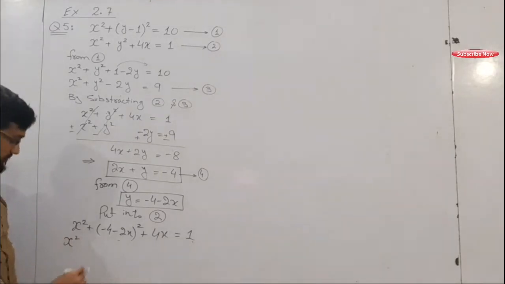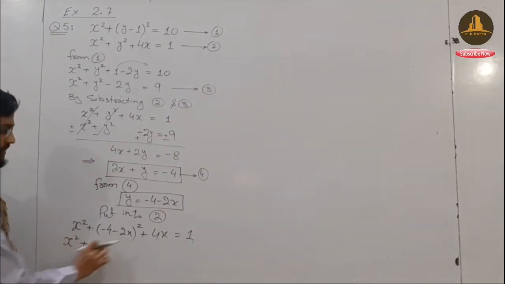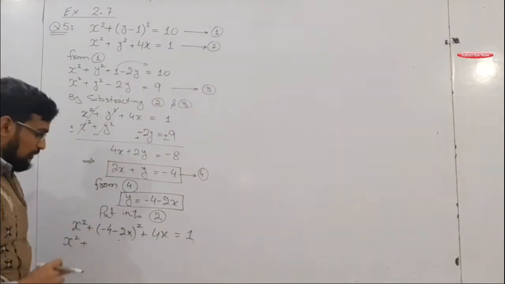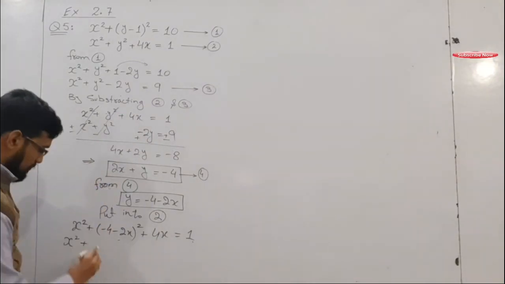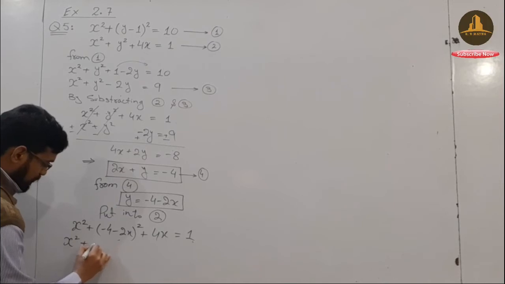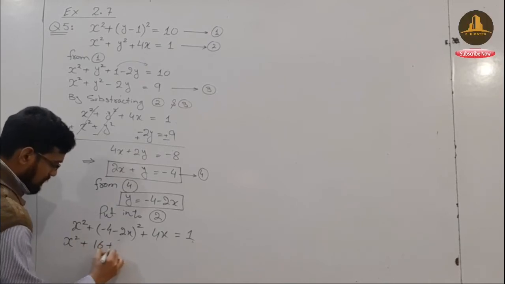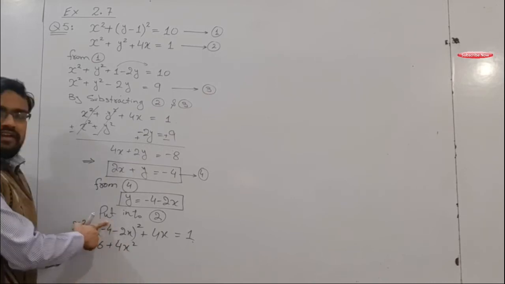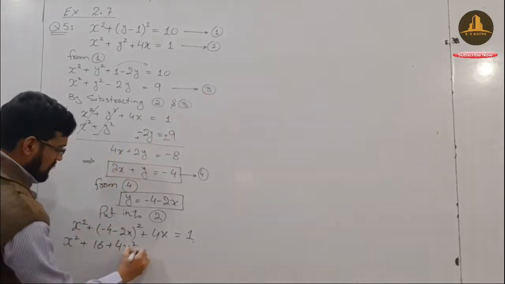x square plus, the minus taken common, due to the square the minus becomes positive, so use the (a plus b) formula. 4 square means 16, 2 times 4x square, 4 twos are 8 and 8 twos are 16.